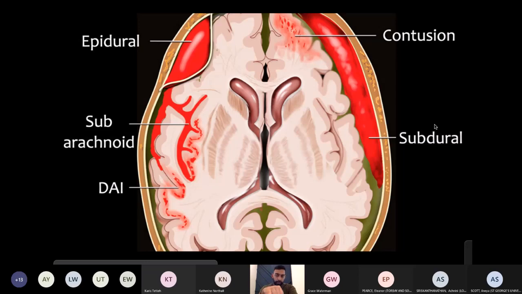Now, in contrast, when you get a subdural bleed, beneath the dura mater, remember the dura mater and arachnoid mater are very tightly adhered, so you don't get this pulling away as easily. What you do get is some space between these two layers. They're not one. What the blood typically does is fill in that space and trek along it.